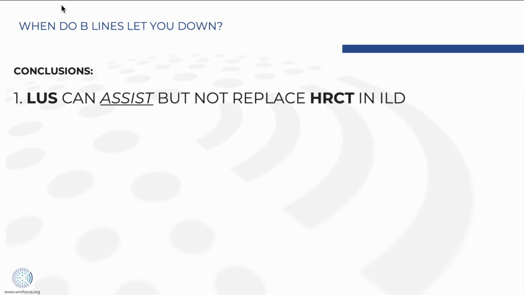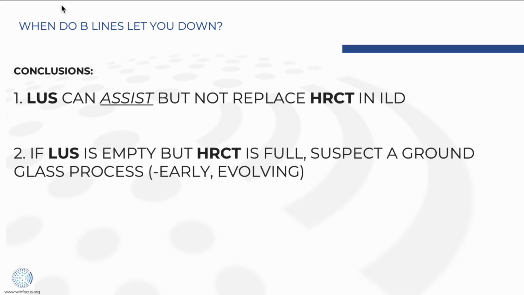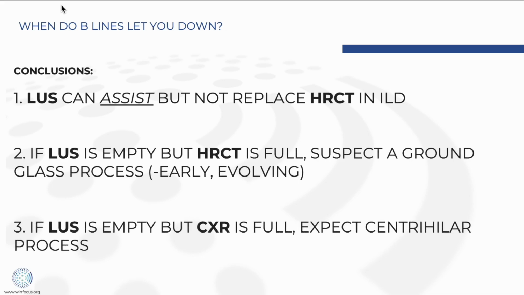So in summary, lung ultrasound can assist but not replace HRCT. If the lung ultrasound is empty but HRCT is busy, suspect an active evolving inflammatory process. Whereas if the lung ultrasound is empty but the chest wall is full, then look for centrilobular lesions and get that CT scan urgently.